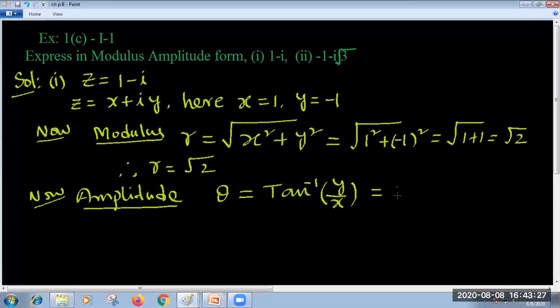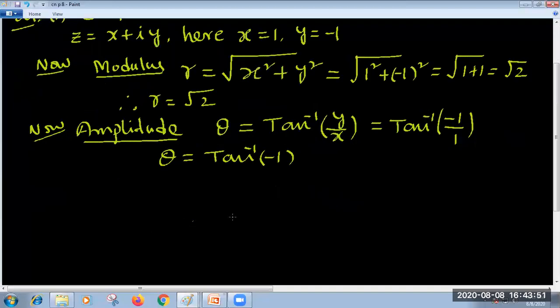So in this problem, y value is -1, x value is 1. Now theta is equal to tan inverse of -1/1, which is -1.